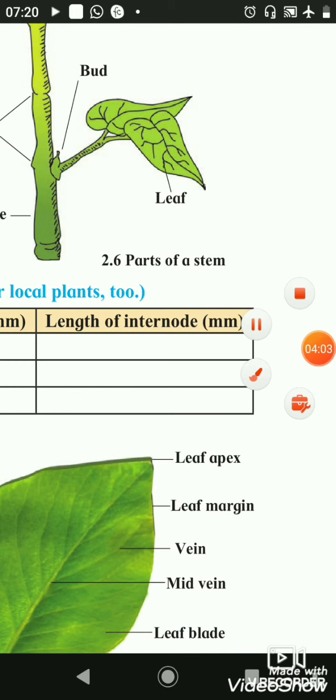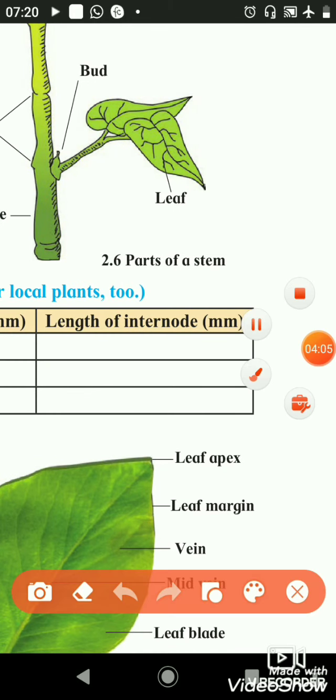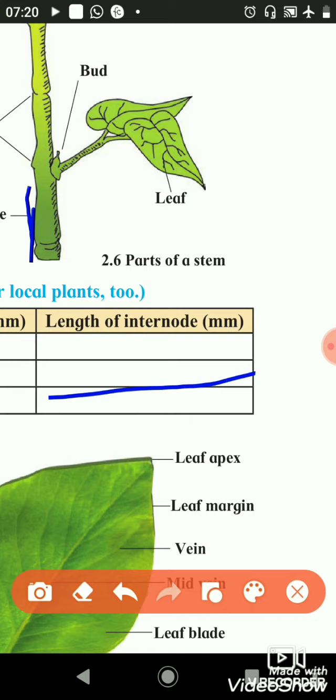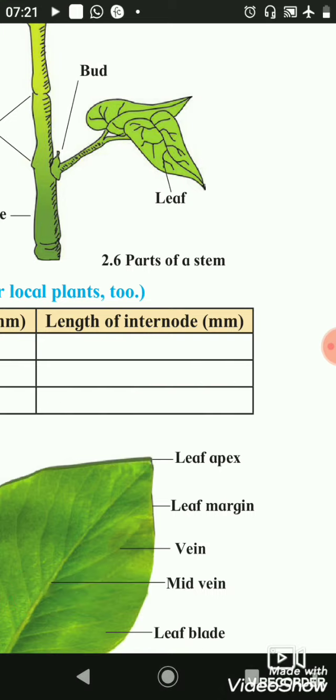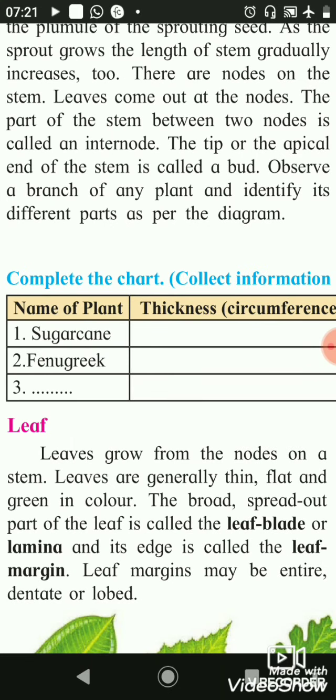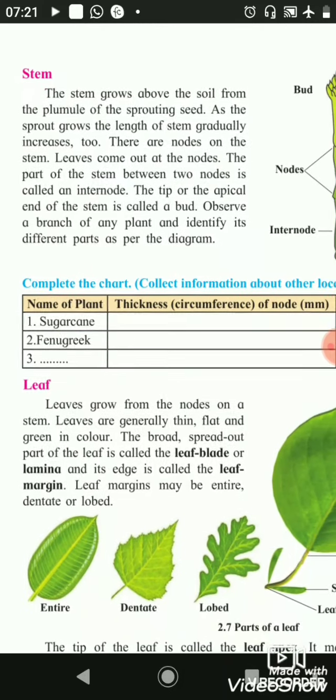What did I say before, what is an internode? The part between two nodes is called an internode. Okay, students, so observe these two plants with your different examples and complete this chart.